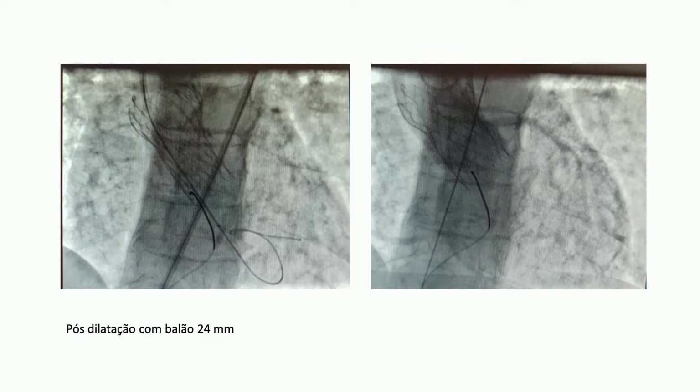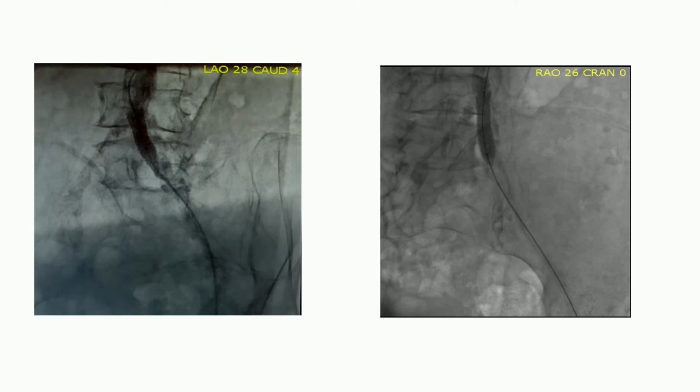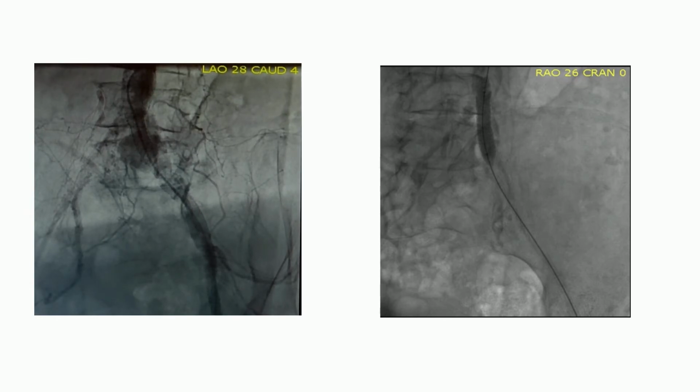So we come down to the iliac, to the aorta, and you can see now like a dissection and a huge breaking of the calcium and escape of blood.